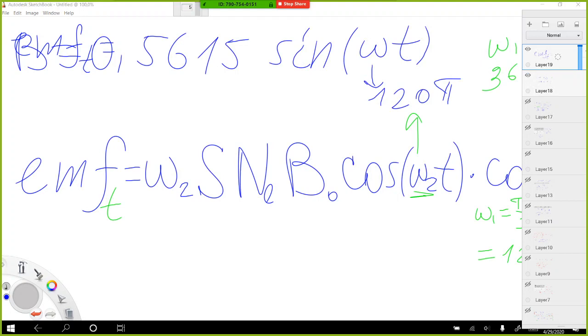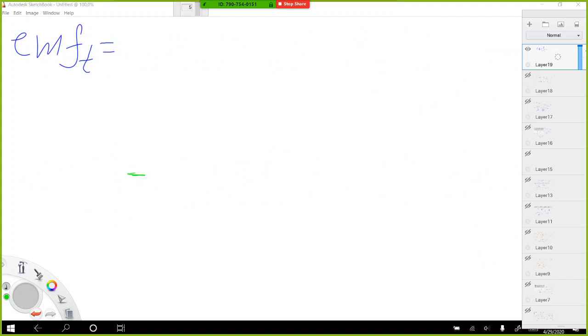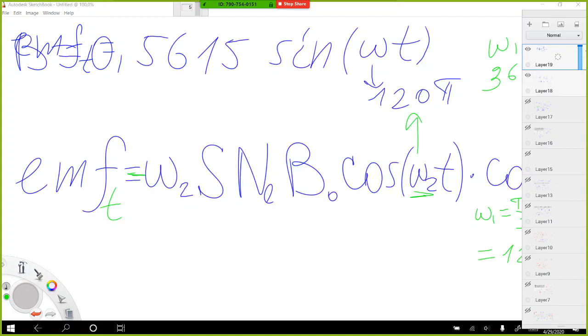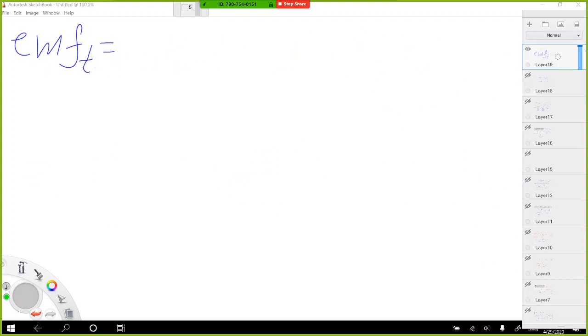Omega 2 is equal to 100. Well, here we forgot about the minus.